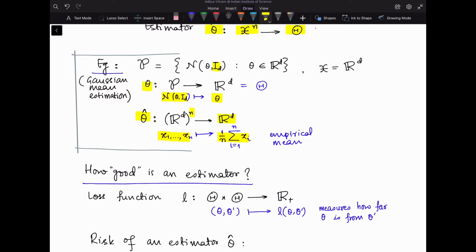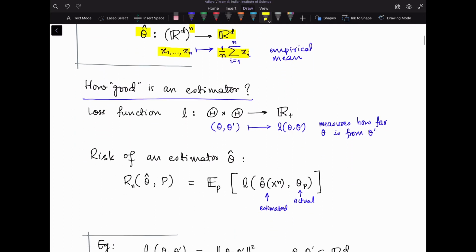So now the problem is how to measure the goodness of an estimator. We want to assign a number to an estimator that is a measure of its goodness or badness. Towards this, we define something called a loss function, L. L takes two elements from the parameter space and maps them to a non-negative number, L(theta, theta dash), which basically measures how far theta is from theta dash.